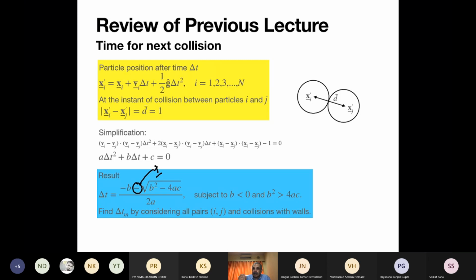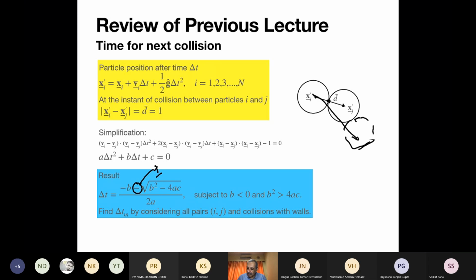You should always take the smaller root, because when they just touch is one solution to the equation. Since the particles are all moving independent of each other, they are free to go through each other. Let's say we keep x_j fixed and move x_i in this direction; after some time, that particle will be here.